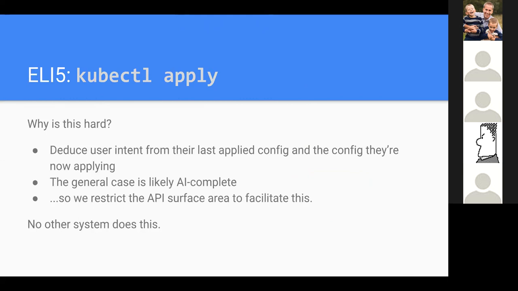Why is this hard? It is hard because we have to figure out what the user wants to do. And that's always hard. So in order to make it easier to figure out what the user is trying to do, we may need to restrict the API surface area to certain patterns.